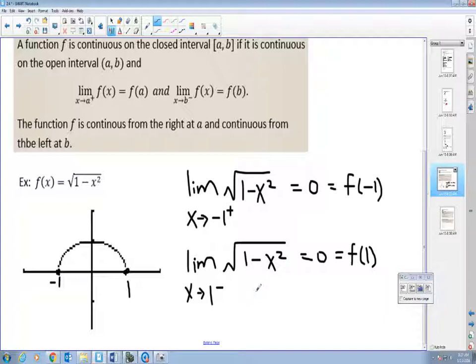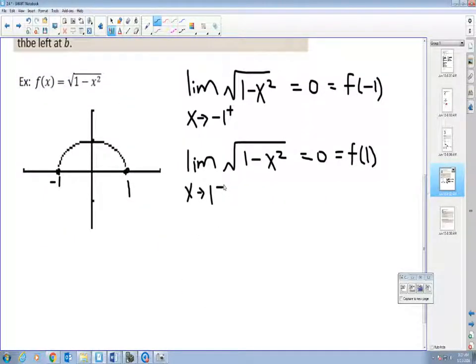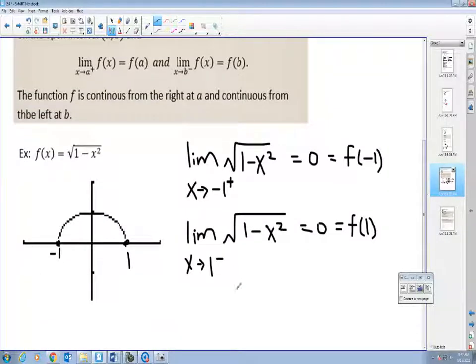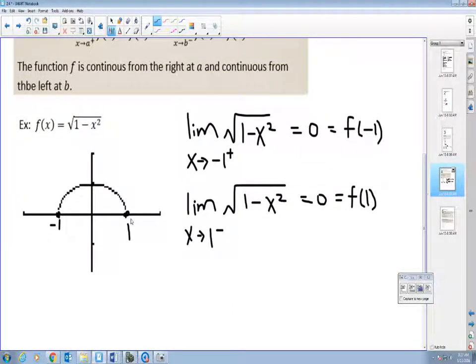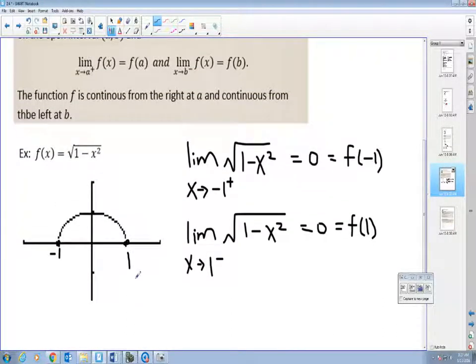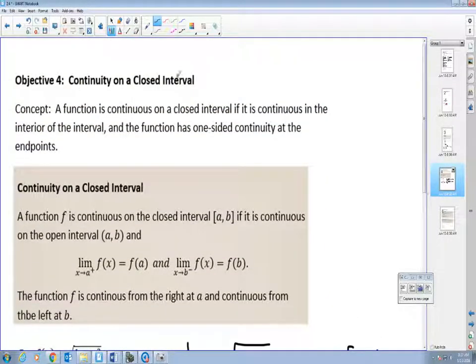So as you can see, this function is continuous on the closed interval -1 to 1, because my function is continuous on the open interval from -1 to 1. That's what this concept is trying to say.